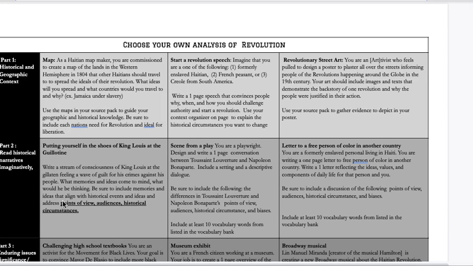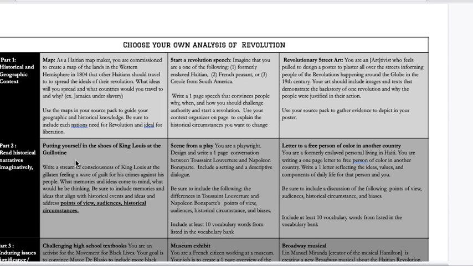Now, part two, this is where we're moving into starting on Thursday and Friday. Part two, you have another set of options. You, again, are only picking one of these three. So first, you could write one putting yourself in the shoes of King Louis at the guillotine when he's about to get his head chopped off. Thinking through the things that he did, maybe mistakes that he made, or maybe even being arrogant about it and saying that he's still right and that he still has the divine right of kings.